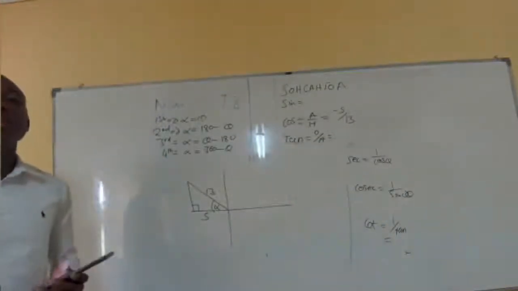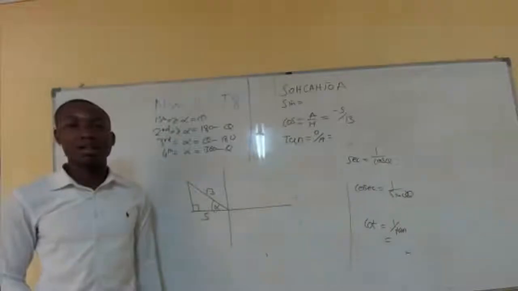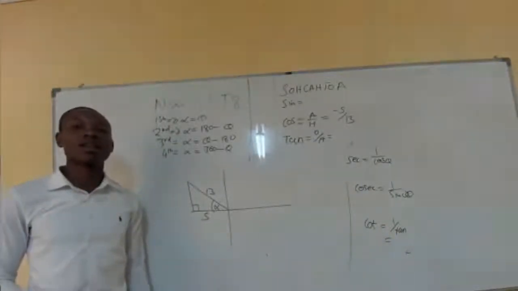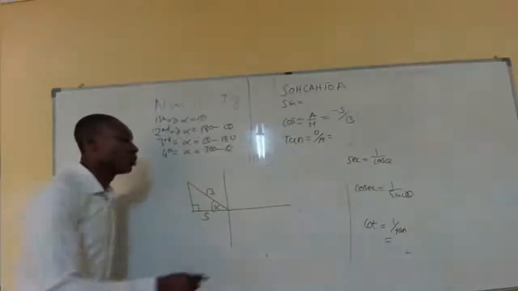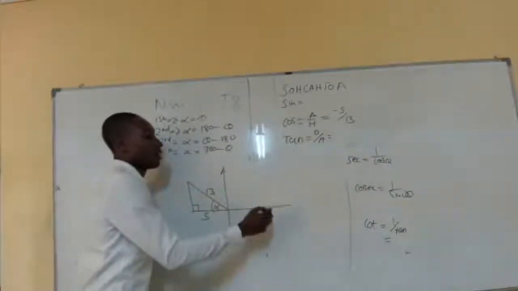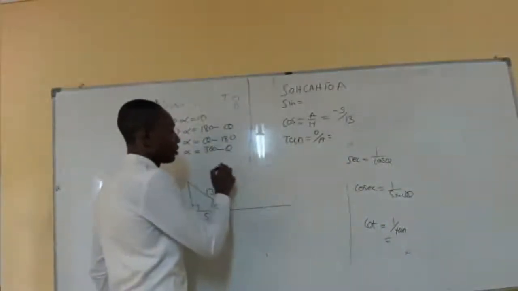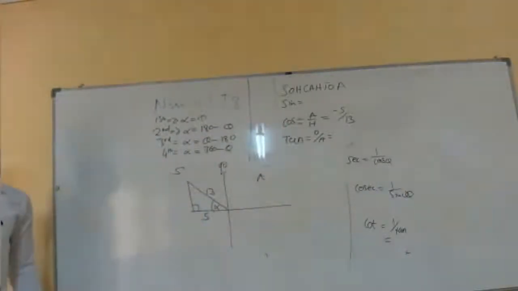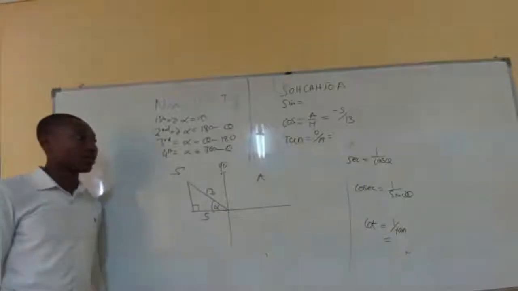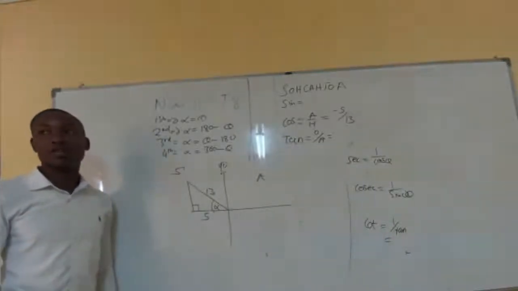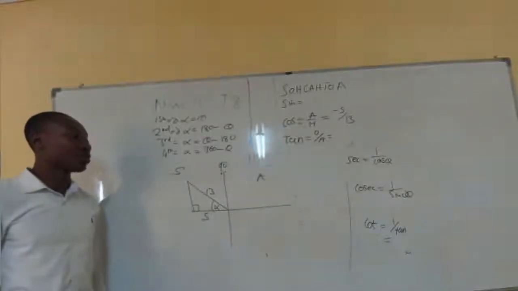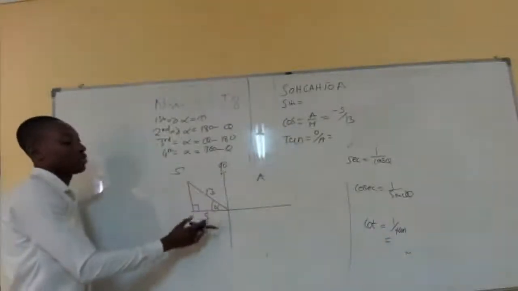Remember that in the second quadrant, only sine is positive, so whatever else is not sine is going to be negative. This is why you have negative 5 over 13, because cos is negative in that quadrant. So 13, 5.